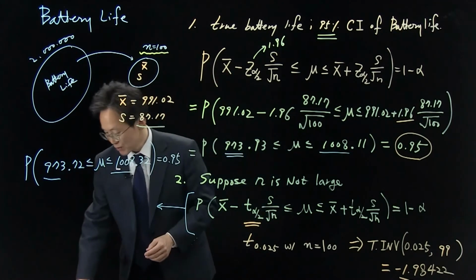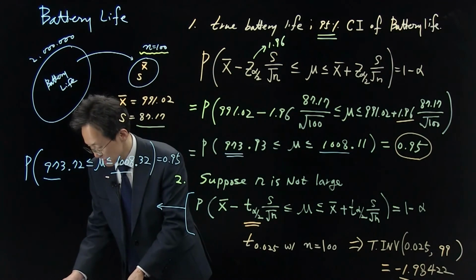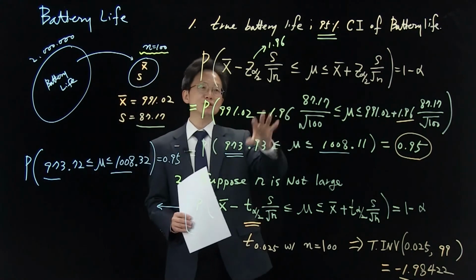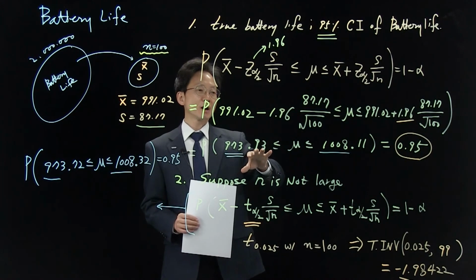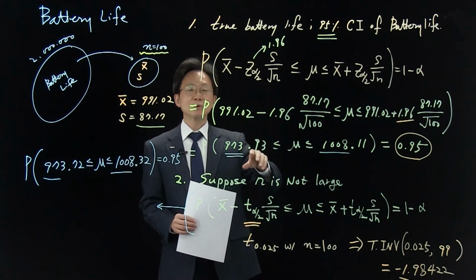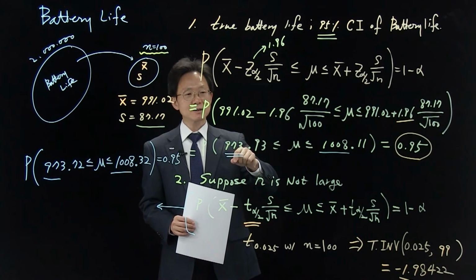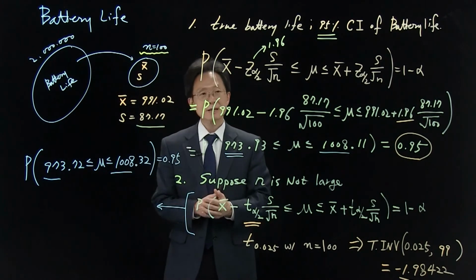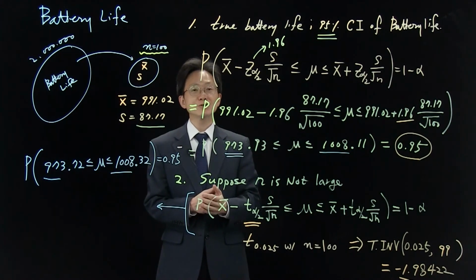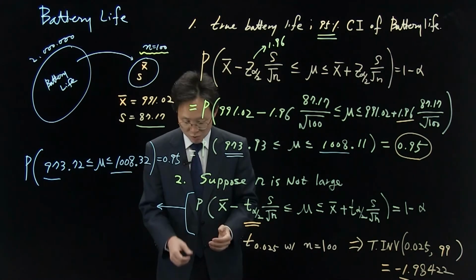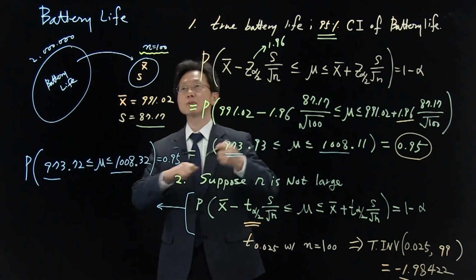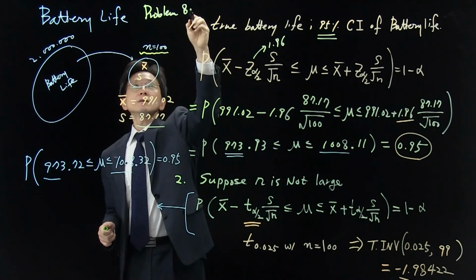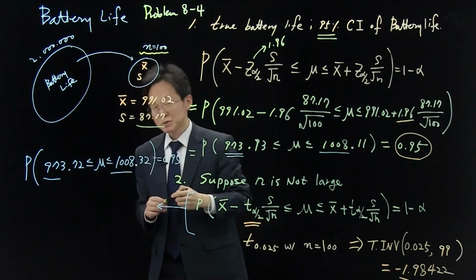Now I want to move to another exercise problem, and in this case we actually calculated all these numbers ourselves, but we already know that in our Excel, especially StatTools, we have a very nice tool that helps us to do this confidence interval estimate. So why don't we talk about this problem, number 4 in chapter 8.